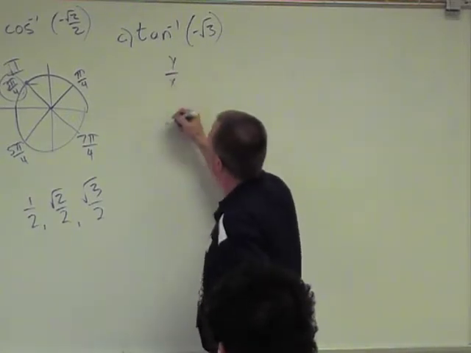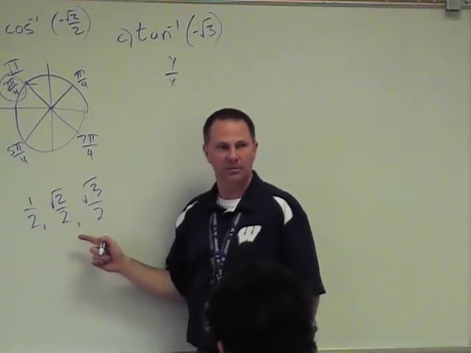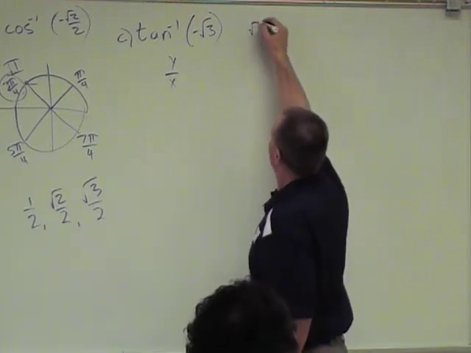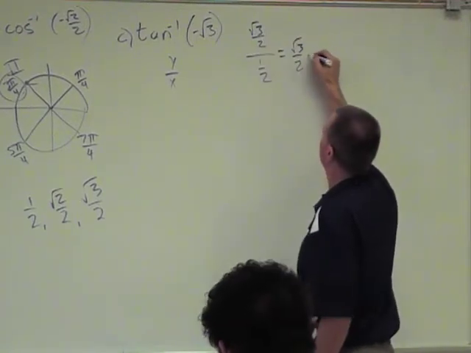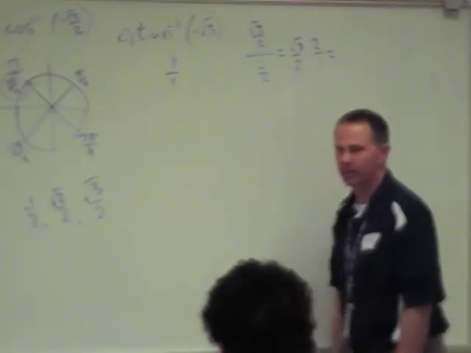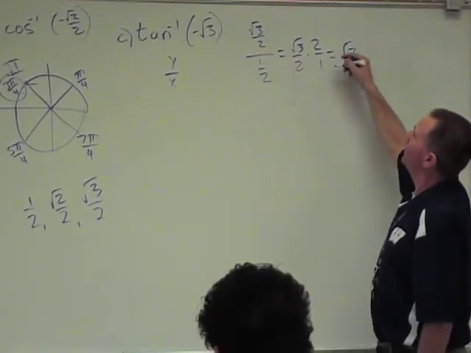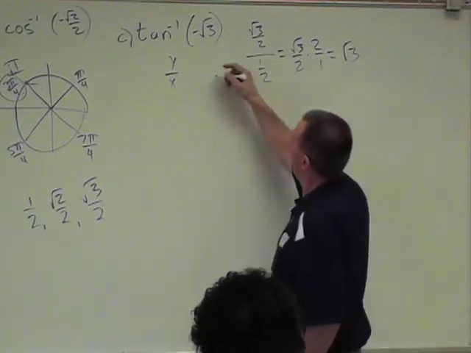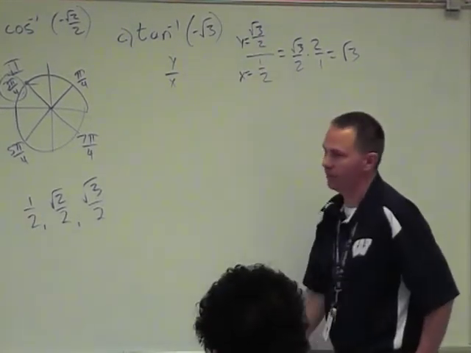So that means I'm putting one of these over another one. If I take radical 3 over 2 over 1/2, what does that give me? Top times the reciprocal of this gives me radical 3. That's how you do it. So the y is radical 3 over 2 and the x is 1/2.